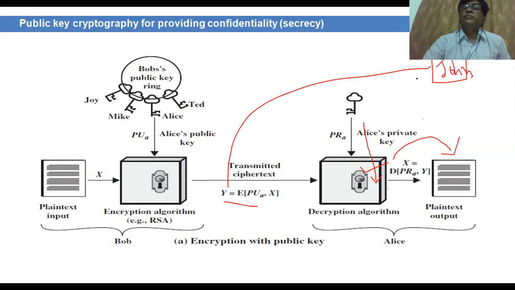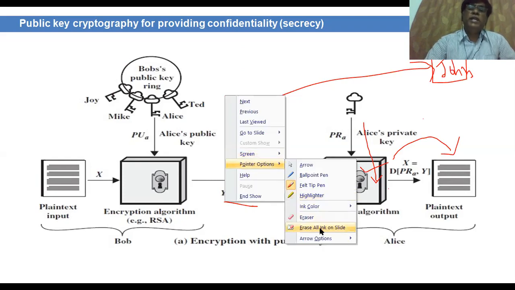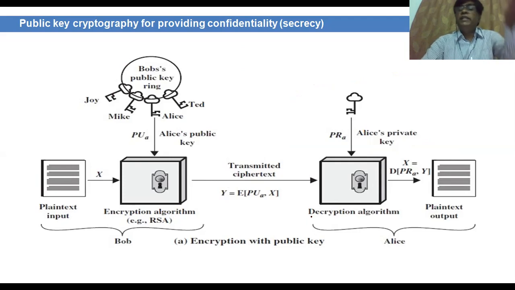John tries to decrypt that ciphertext using his private key. He doesn't know Alice's private key, so it cannot be decrypted. The ciphertext encrypted using Alice's public key can only be decrypted using Alice's private key. That's why the data is more secure.